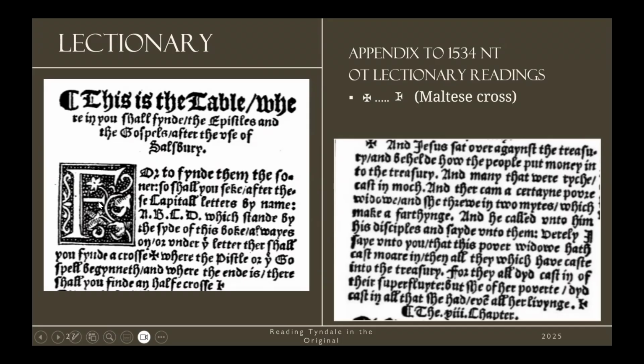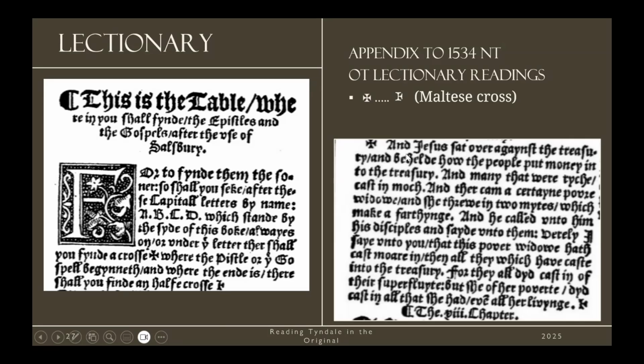And in it, he explains, I don't know if you can see this, for to find them the sooner, so shall you seek after the capital letters by name, A, B, C, D. So that's the pericopes that he's labeling, which stand by the side of this book, always under the letter. There shall you find a cross where the epistle or the gospel beginneth, and where the end is, there you shall find a half cross.